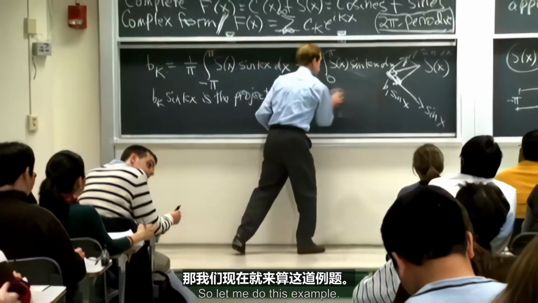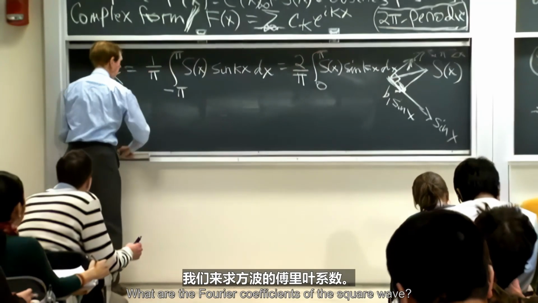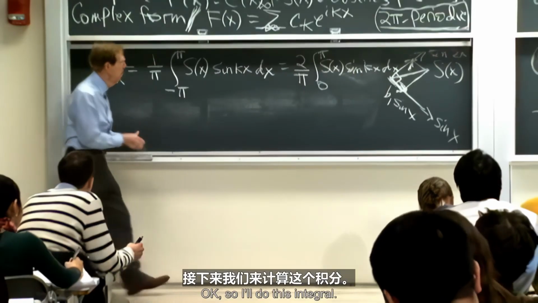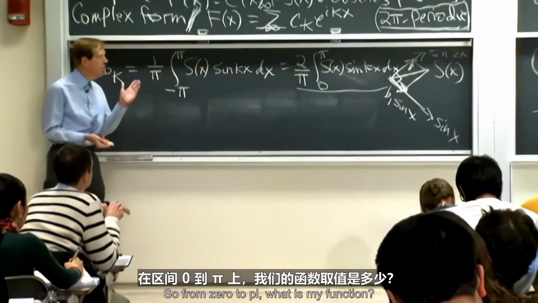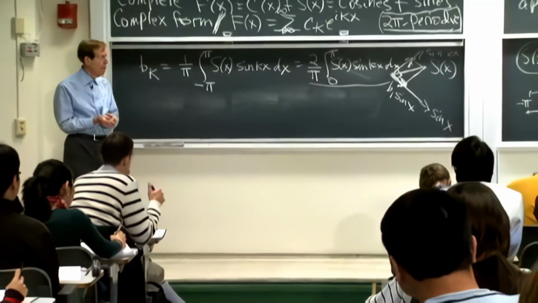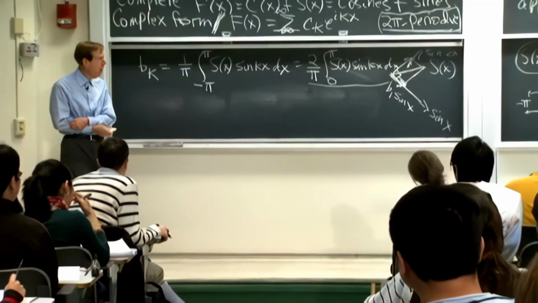So let me do this example. What are the Fourier coefficients of the square wave? Okay, so I'll do this integral. From 0 to pi, what is my function from the graph? It's just 1.